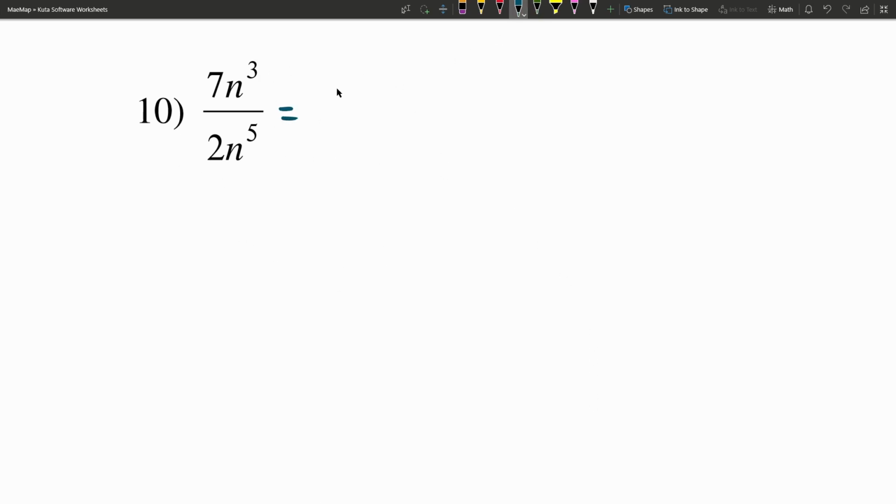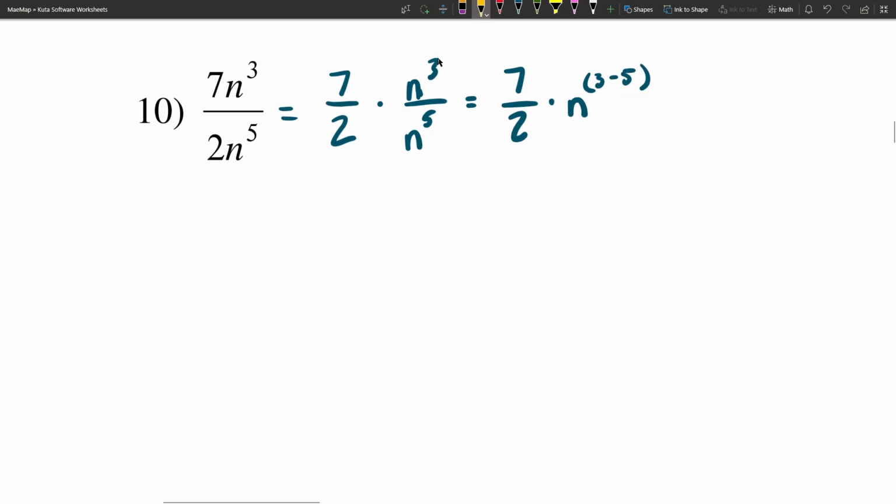Number 10, breaking this fraction up, I'll have 7/2 times n cubed over n to the 5th. This is going to be 7/2, which can't be simplified down, times n cubed over n to the 5th, which is n to the 3 minus 5. 3 minus 5.